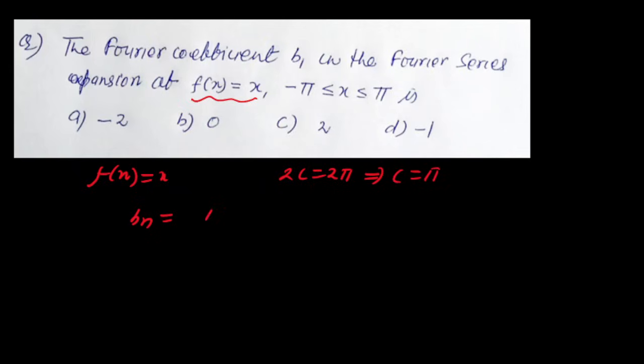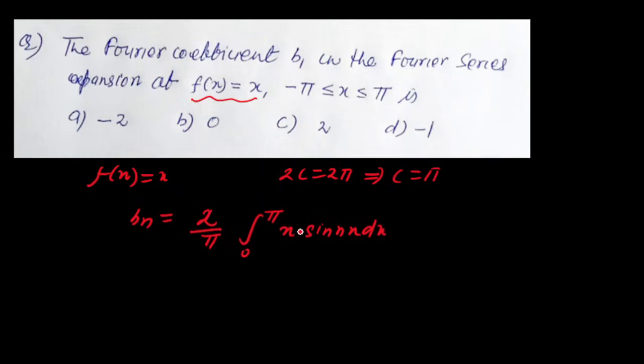So bn is 1 by pi, or rather, since it is an odd function, I can write bn directly as 2 by pi, the limit is 0 to pi, and x sine nx dx.